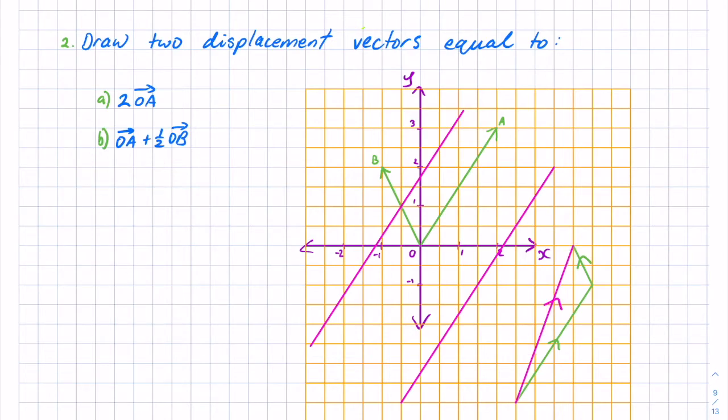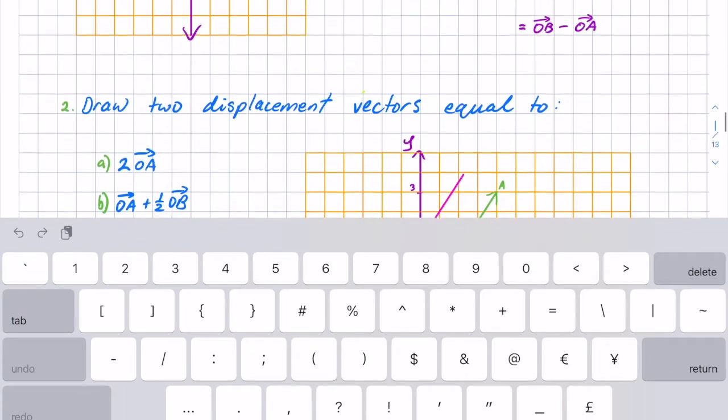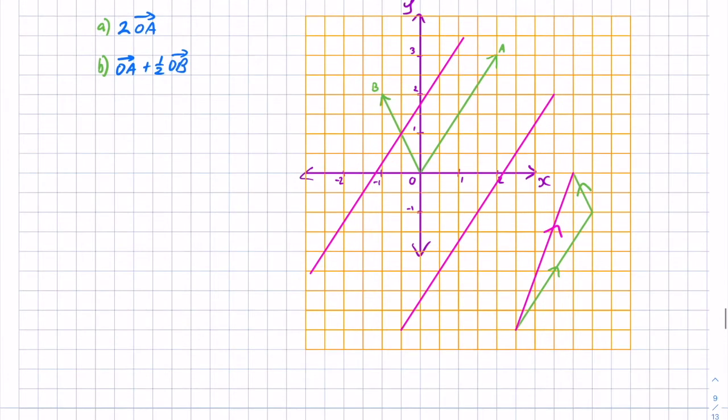So that's the answer for B. This was my 2OA. I should put direction on there, that's 2OA. They're equal. That's my answer for B. I shouldn't have put a squiggle there, just the answer for question B.